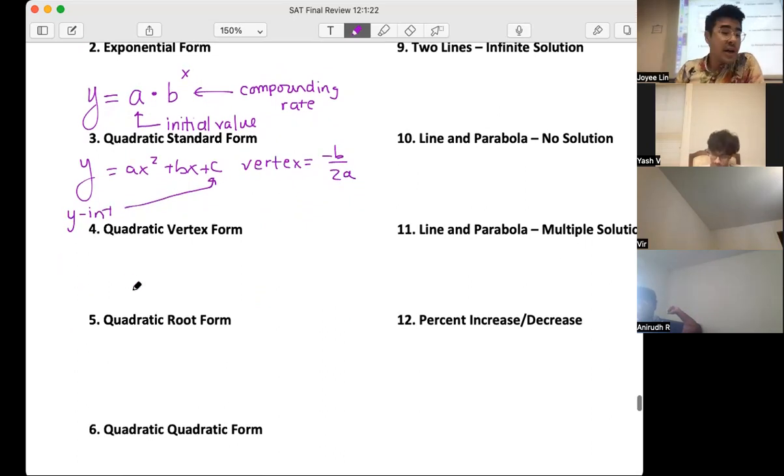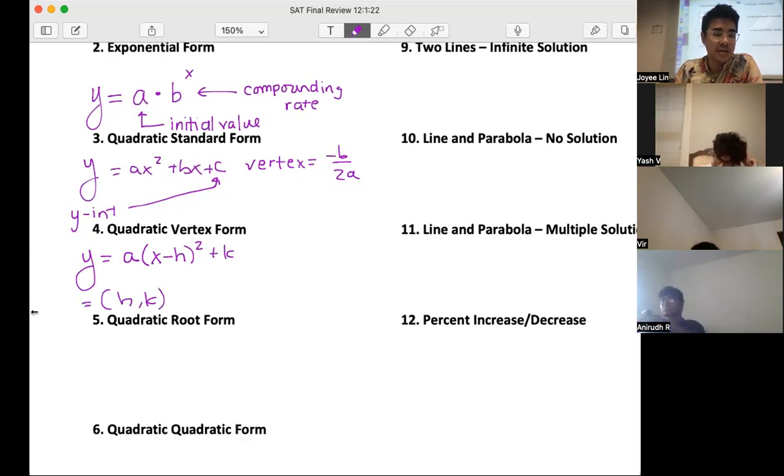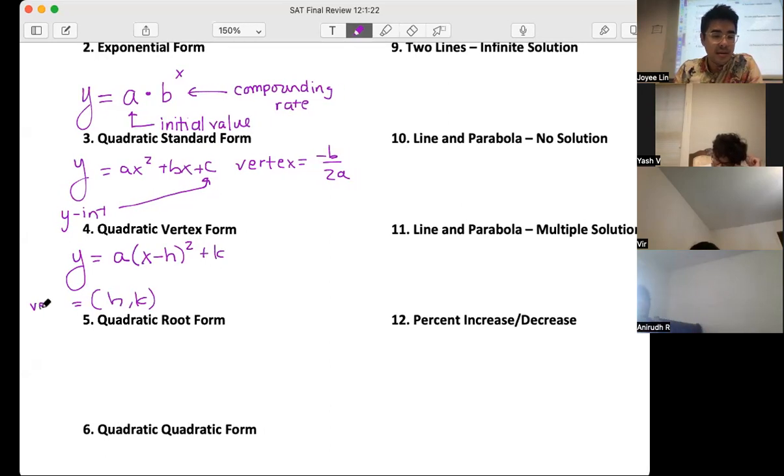Okay. Quadratic vertex form. Y equals, same a value, right? A parentheses, x minus h squared plus k, whereas here the vertex is h comma k, right? And what's the code word for vertex? No, if it's negative in the equation, it'd be positive h here.